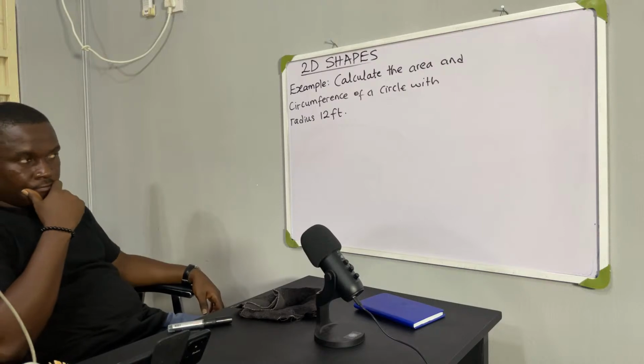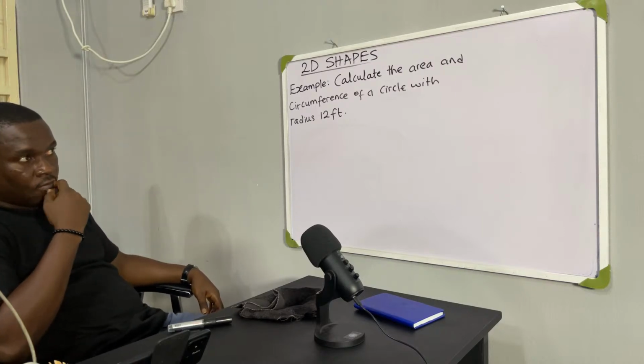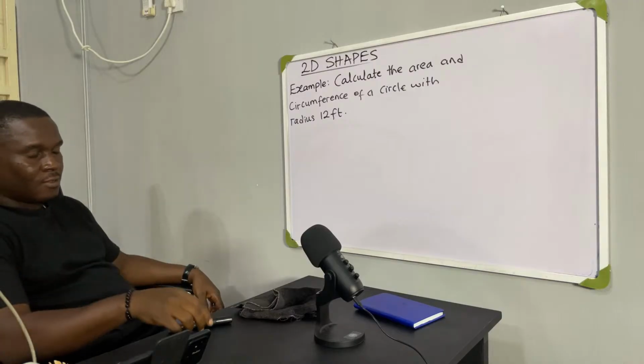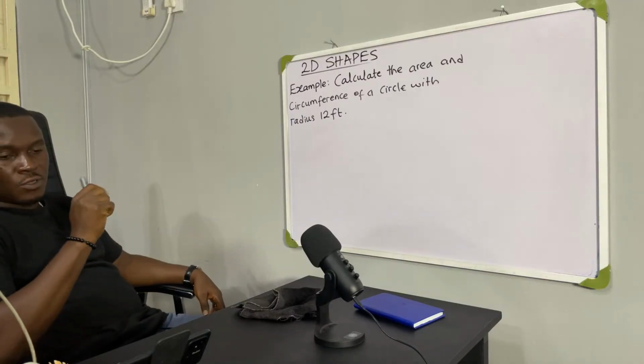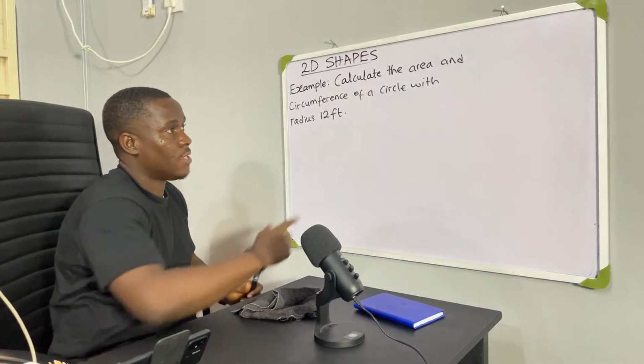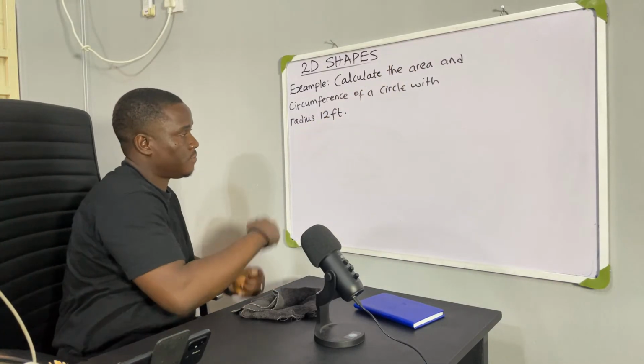I'm done writing, but I haven't solved. Yeah, we are solving it together. So when we are done with this, I'll give you one to solve. So let's first calculate the area.